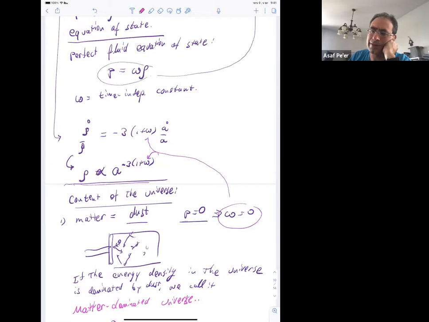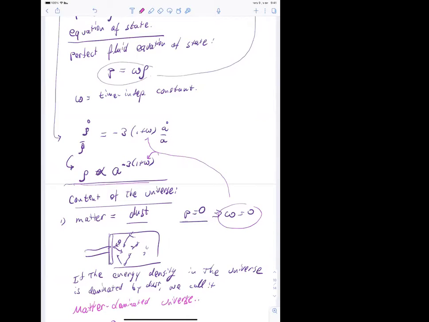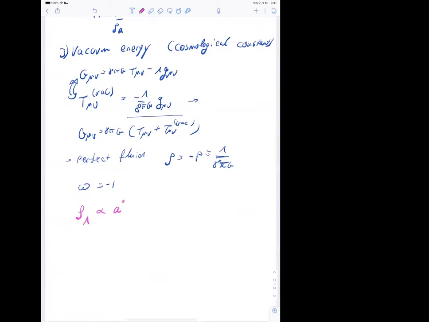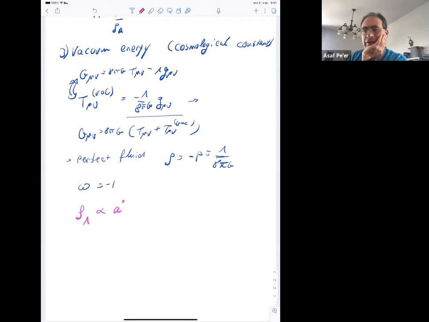To the zero power. Independent of the scale factor.